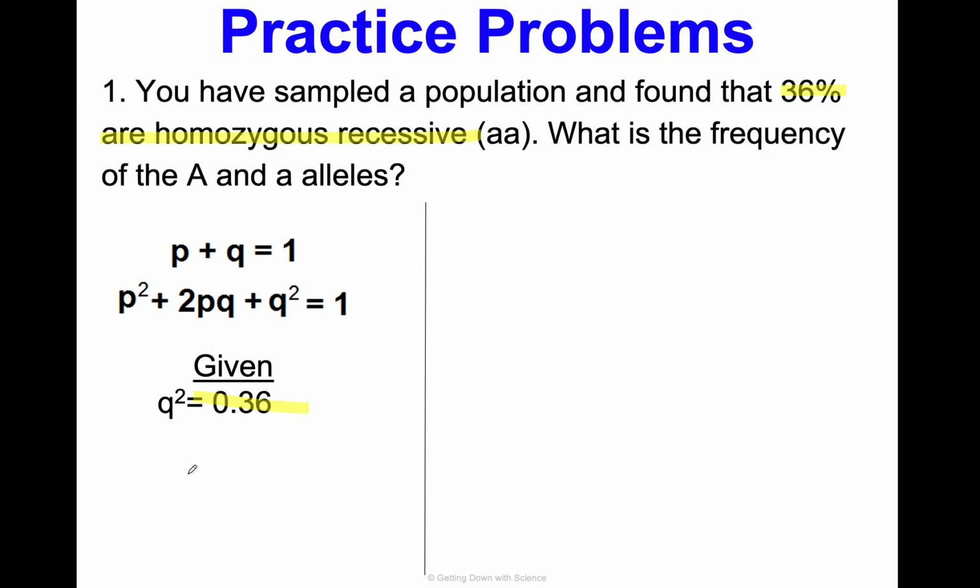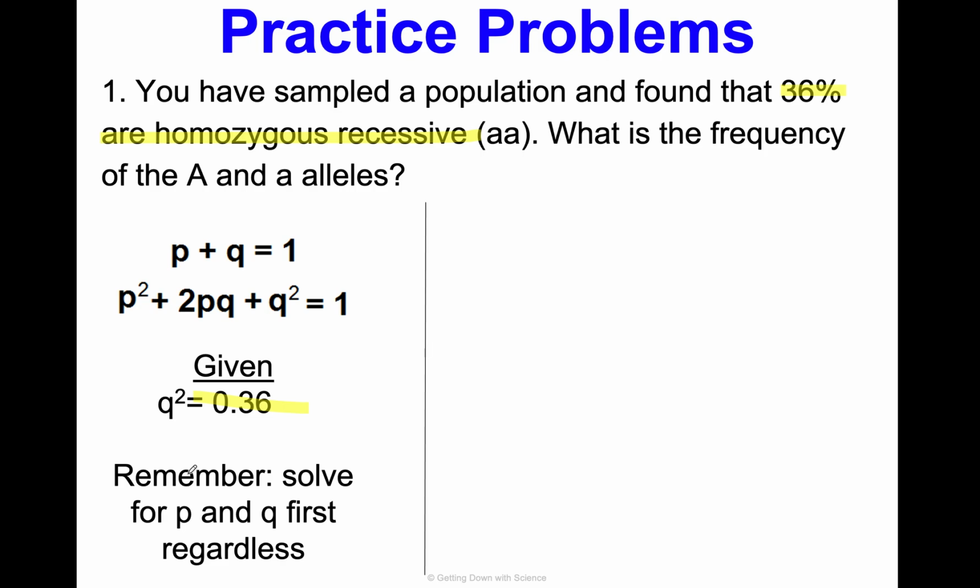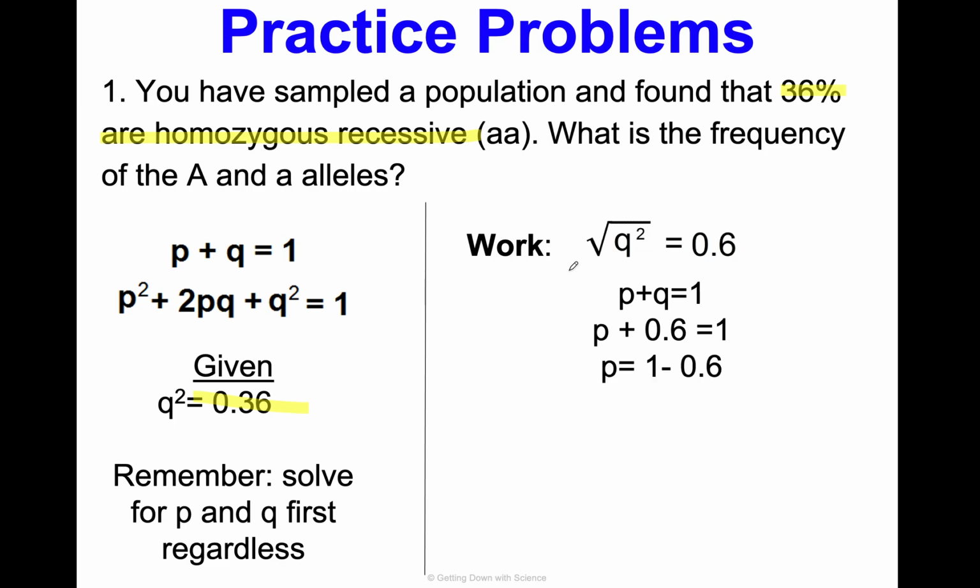Remember to solve for P and Q first regardless. So how are you going to solve this? Well, first you're going to take the square root of 0.36 because that will give you Q. Then you plug it in to P plus Q equals 1 and solve. So P is 0.4 and Q is 0.6.